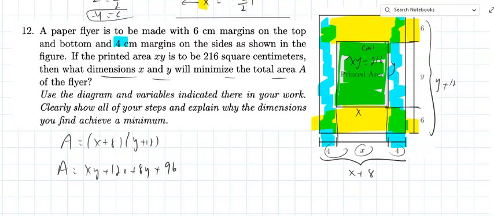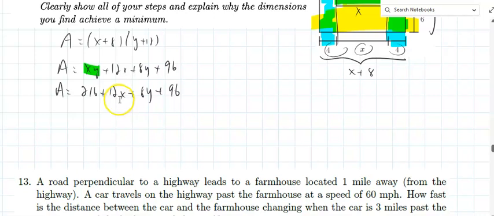Now, notice I know that xy is 216. So now I know that area is 12x plus 8y plus 312. Well, we have a problem.